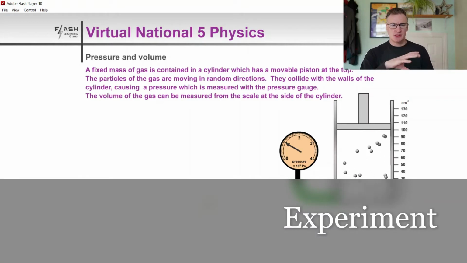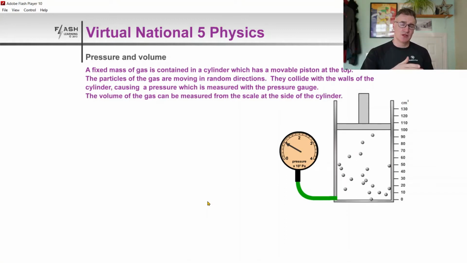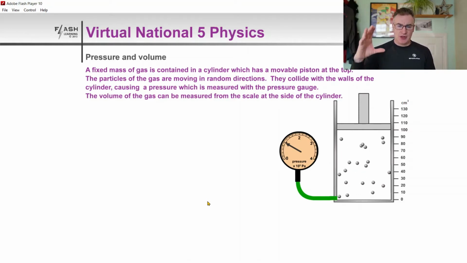Boyle's law looks at the relationship between the pressure of a gas, and if you remember in the previous one, we can account for pressure as being the force per unit area caused by the particles striking the container walls. And we're going to see how volume would affect that.